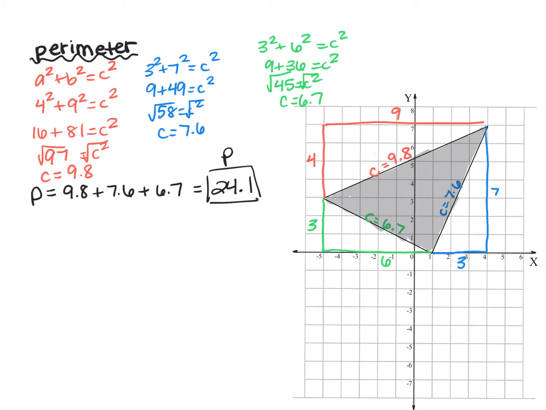So instead of using 1/2 base times height, I'm going to use the rectangle that I created outside of the triangle to help me. So I know that the area of this entire rectangle is going to be 7 times 9.